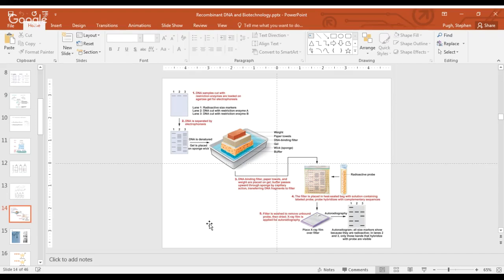Now, this technique of doing a RFLP analysis works pretty well when we're dealing with a small genome. Anything under 10,000 base pairs or so, 10 kb, works pretty well. But eukaryotic organisms have billions of base pairs. The human genome has 3 billion base pairs. So if we simply cut it with a restriction enzyme, which is what they're doing in the upper left of this diagram, we've got 3 different samples of DNA.